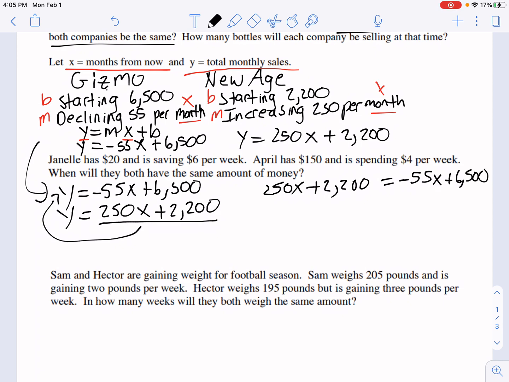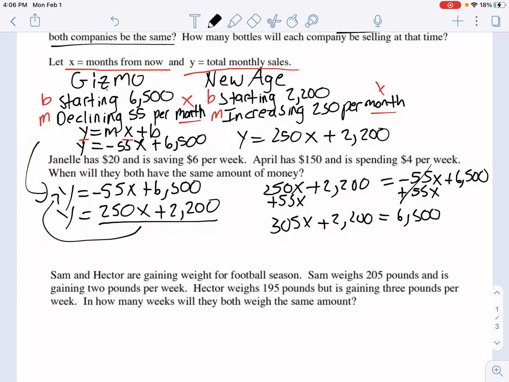Then solving for x, we want to get our x's on one side, so I'm going to add the 55x over to the other side so we can get our x's on the same side. And also because it would keep things positive, since 250 is bigger, that would keep things positive on that side. So adding that together, we get 305x plus 2,200 equals 6,500.